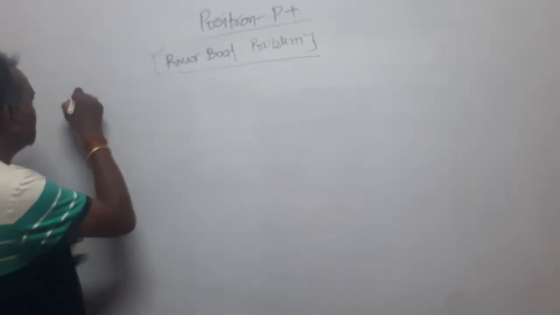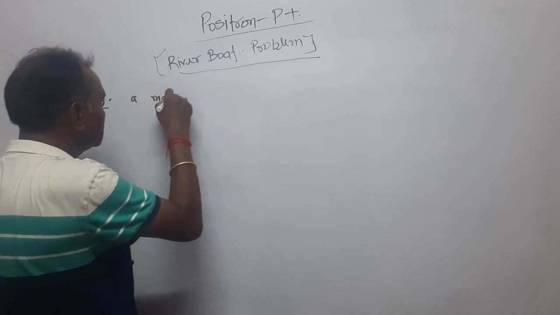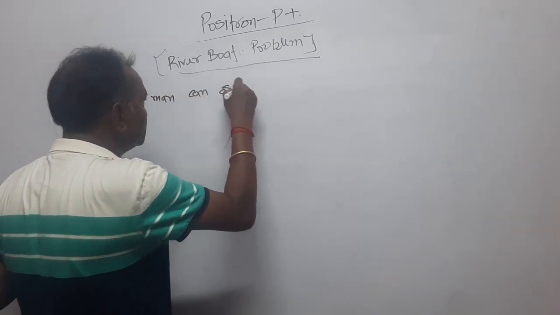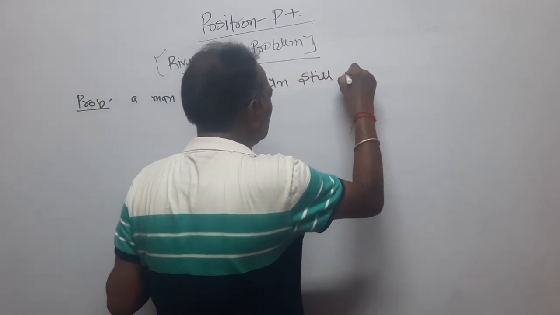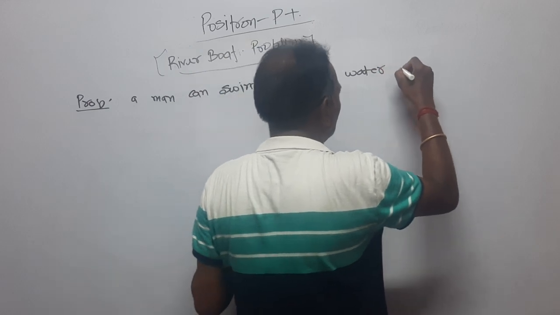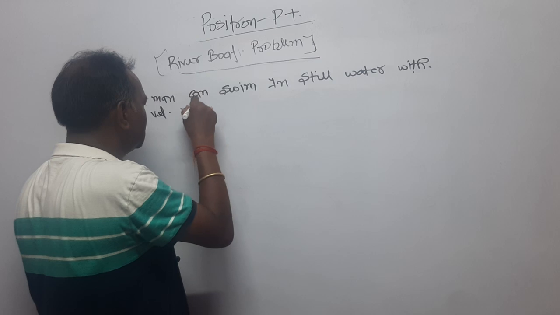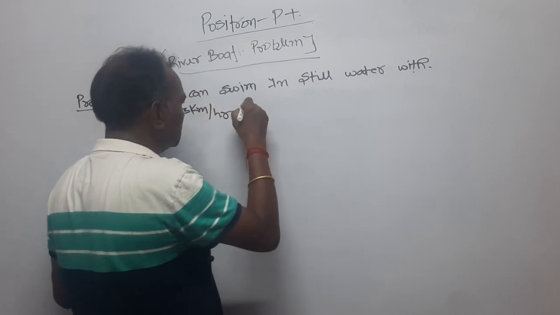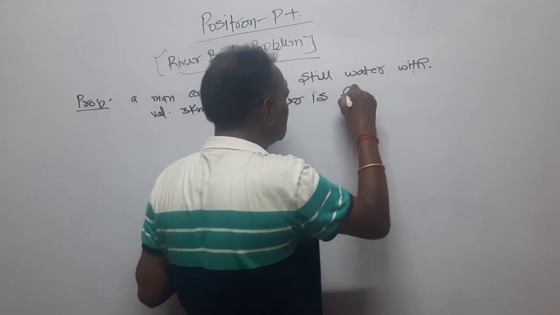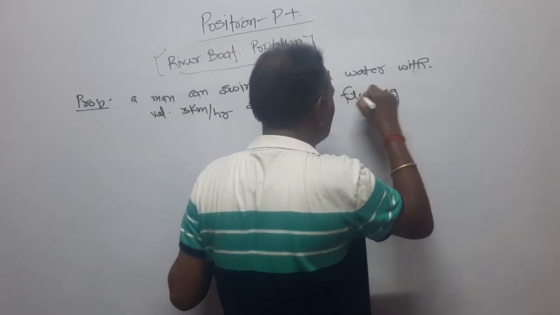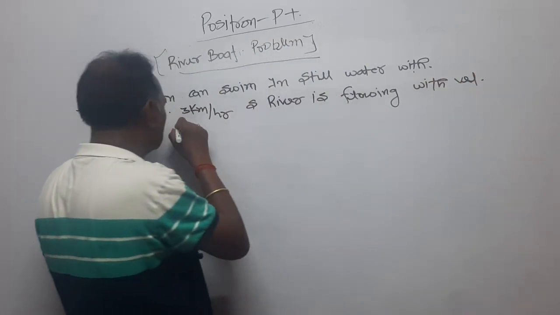The problem is that a man can swim in still water with velocity 3 km per hour and the river is flowing with velocity 2 km per hour.